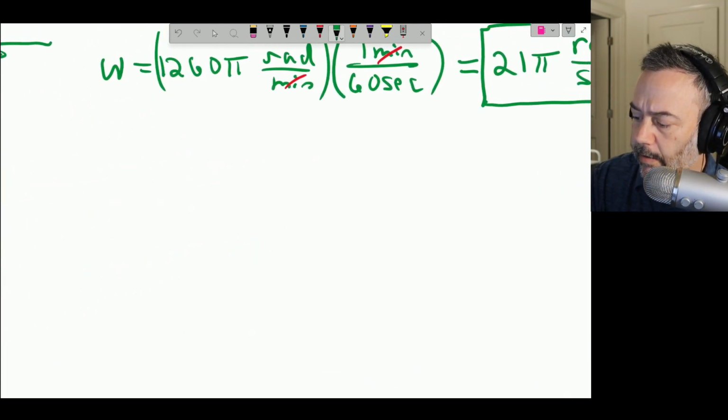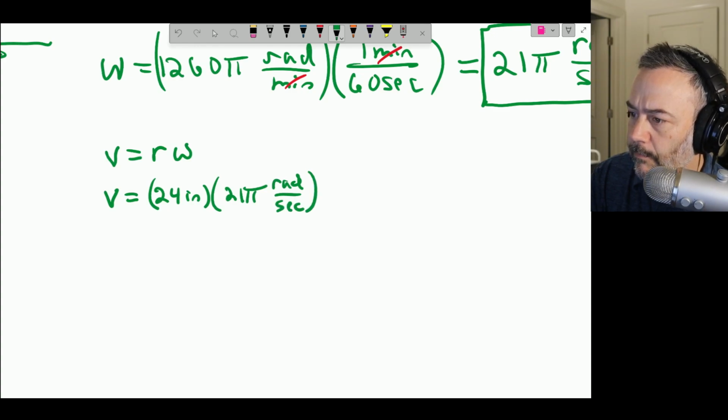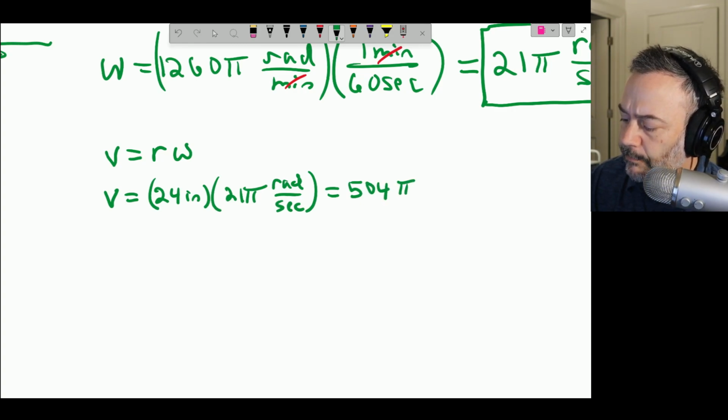They gave us 24 inches for the radius and 21 pi radians per second. And that turns out to be 504 pi inches per second.